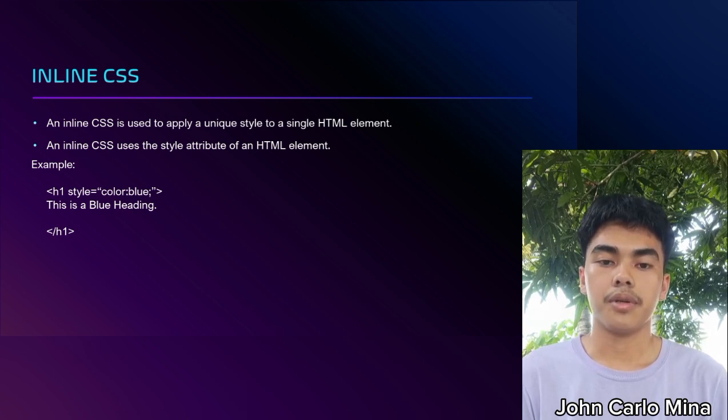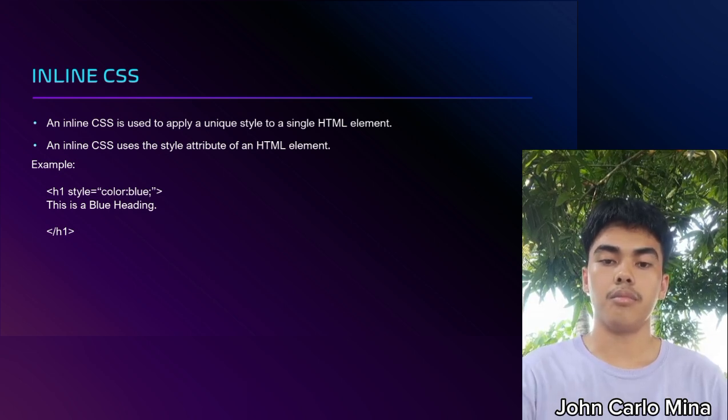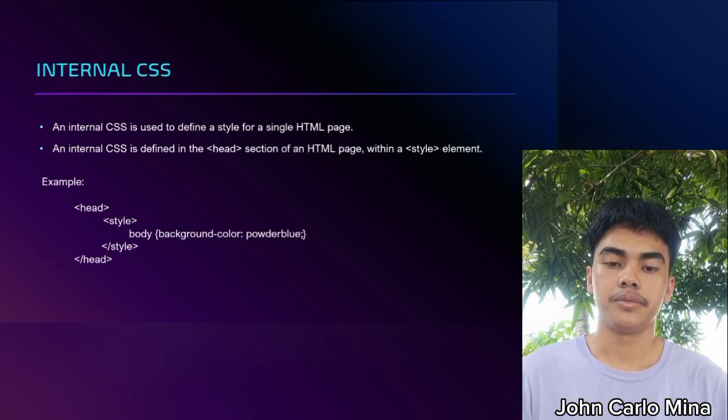In the example code provided, the H1 tag has the style attribute color blue, which means the text inside the H1 tag will be blue. This way, the H1 tag will have a unique style unlike the other elements in the document. Example: H1 style color blue. This is a blue heading, H1.